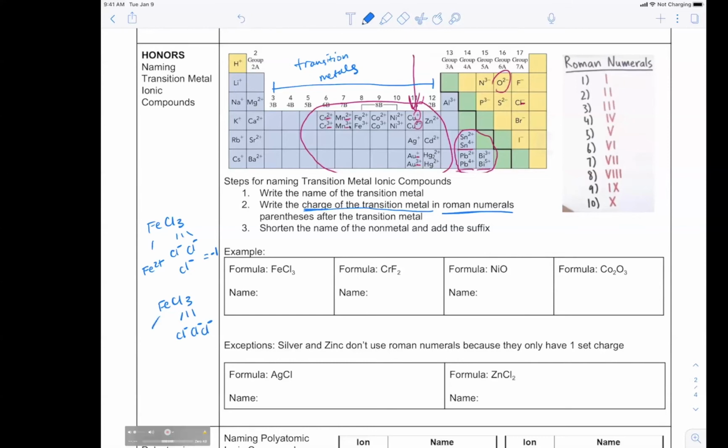If I chose iron 3+, you can see it adds up to 0. So whichever one adds up to 0, that'll be the correct transition metal. So this would have to be iron, and I know that my iron is a 3+ charge. So you would write that charge in Roman numerals: iron(III), and then just write the normal name, chloride.